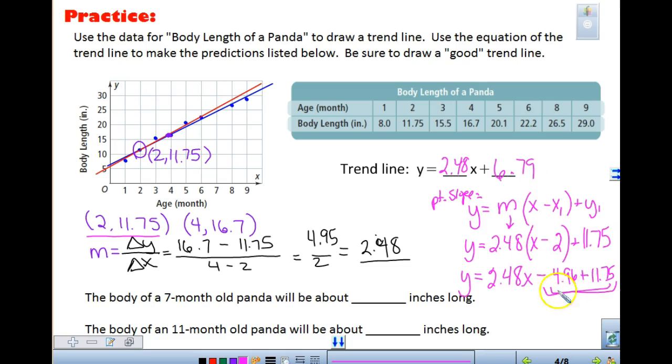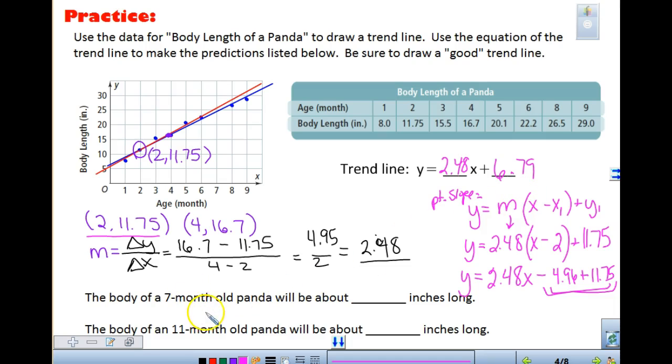Okay, we're looking at those two. Does everyone agree? Negative 4.96 plus 11.75. 6.77, 6.79. Which one are we looking at? 6.79. So, this is our equation.